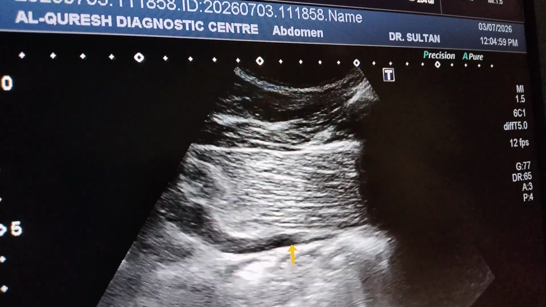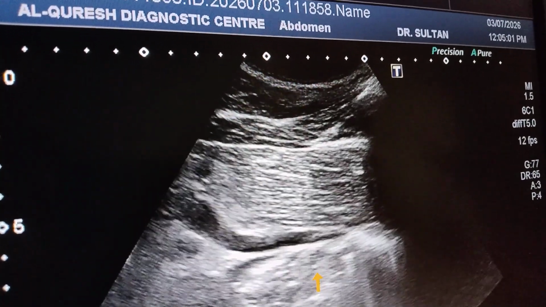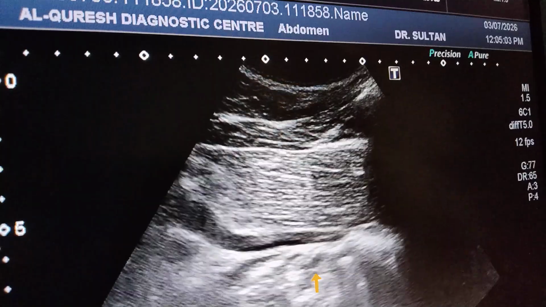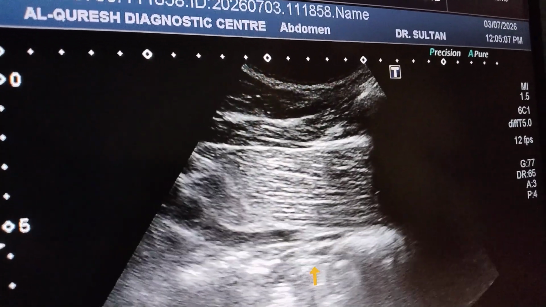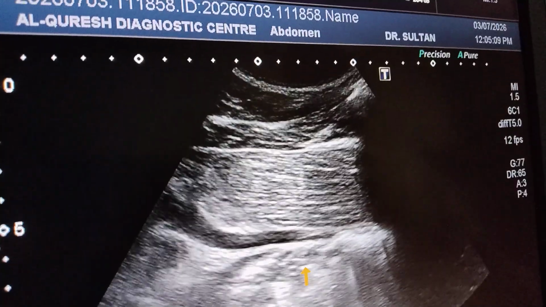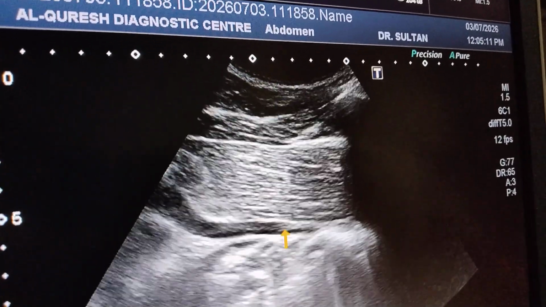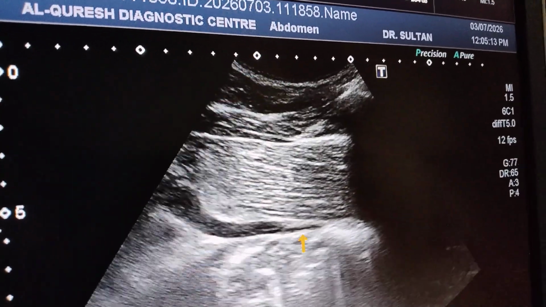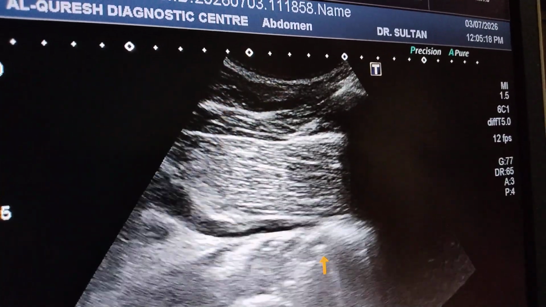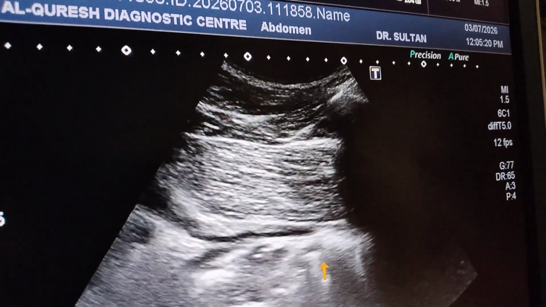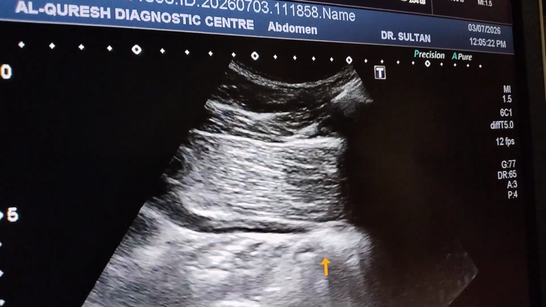So this maneuver will only give benefits to trace the right ureter. We can try for the left ureter also, but this prone position gives more benefit when tracing the right ureter.